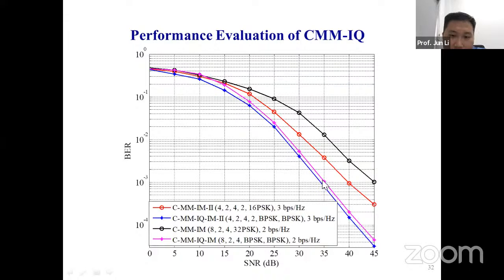And the purple line has almost 10 dB performance gain compared to the conventional composite multiple mode IM. So we can conclude that this big performance gain comes at the sacrifice of system detection complexity and system configuration complexity.